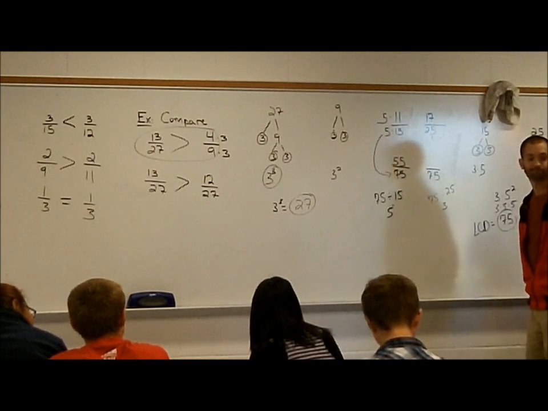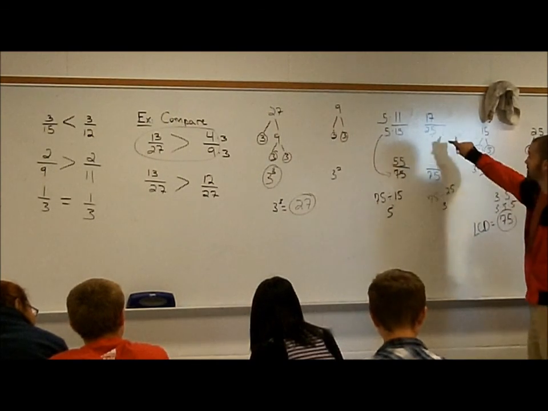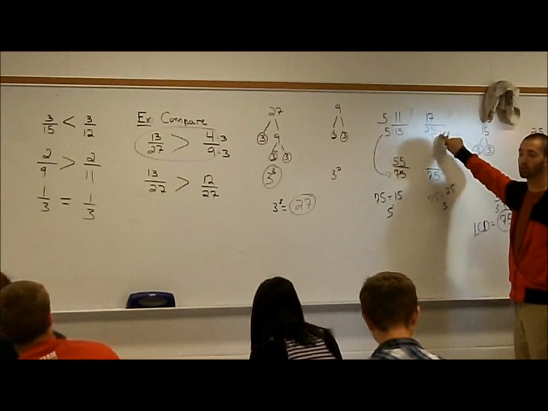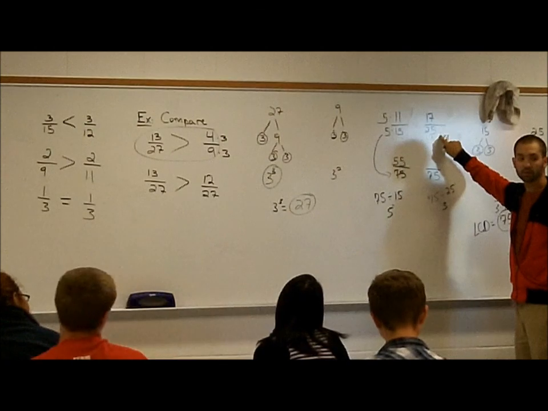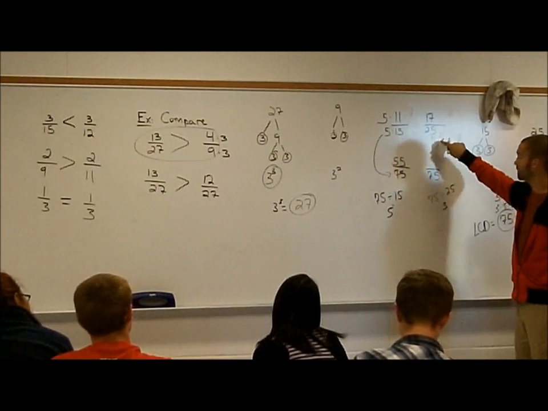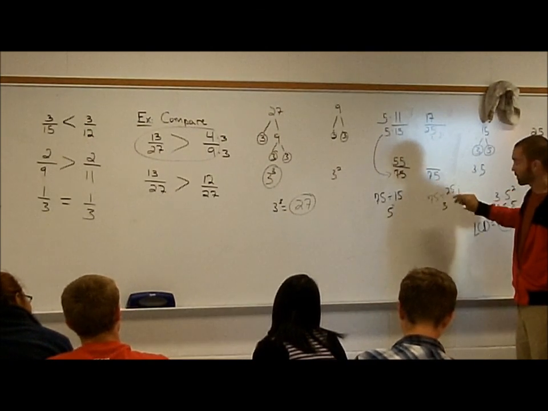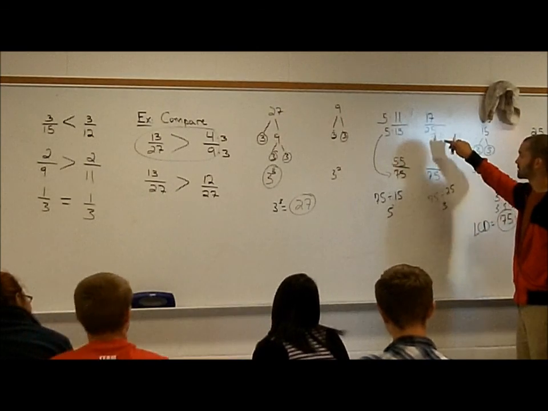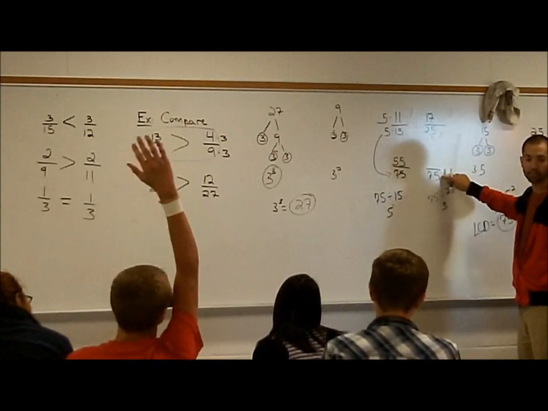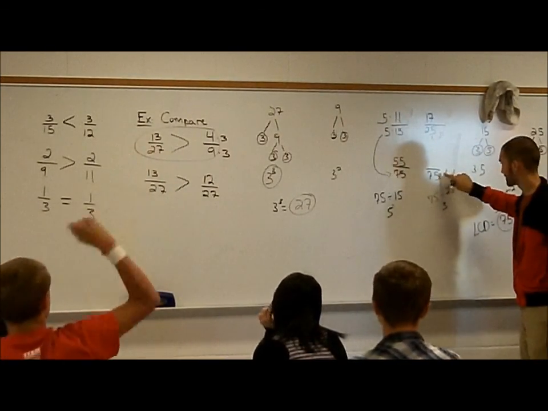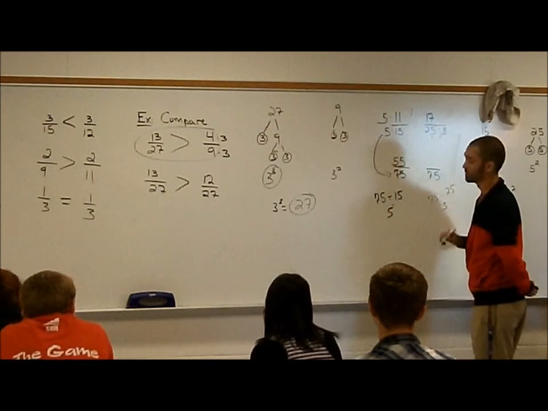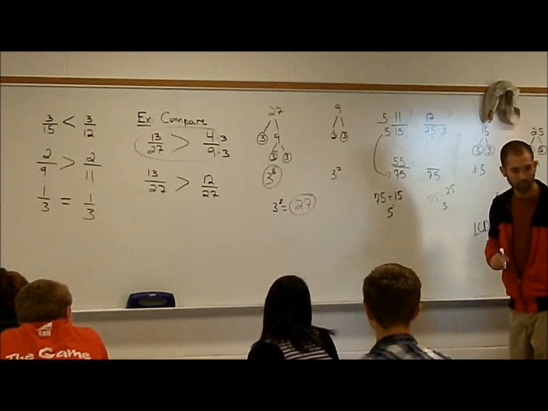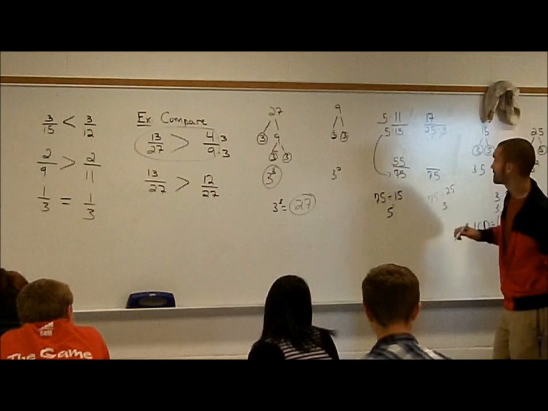What am I trying to do with this 25? What's my goal? Get it to be 75. So what am I going to do with this 3 to that 25 to make it 75? I'm going to times it by 3. And what I do to the bottom, I must do to the top.